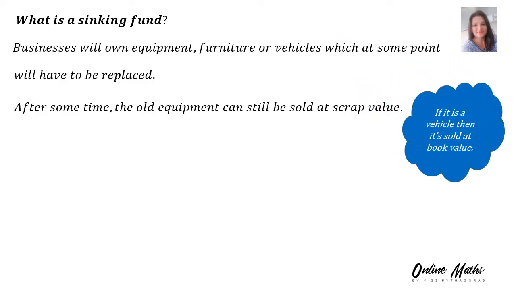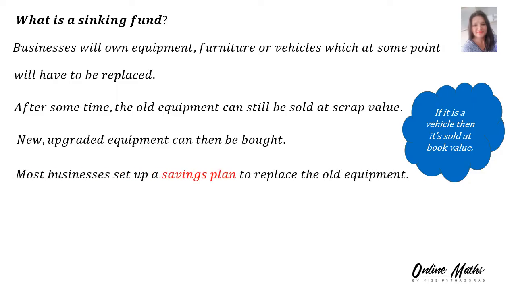If it is a vehicle, then it's sold at book value. New, upgraded equipment can then be bought. Most businesses set up a savings plan to replace the old equipment. This savings account is called a sinking fund.